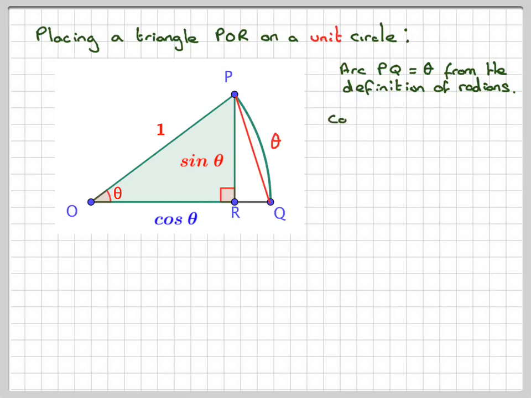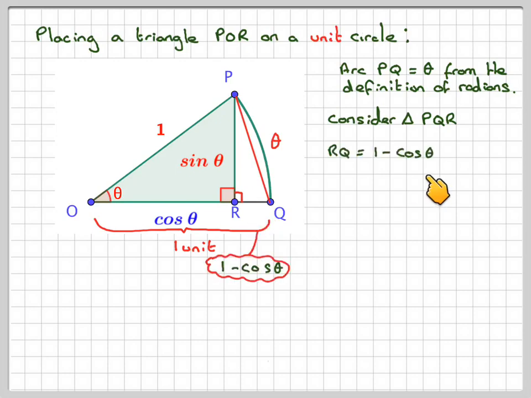Then if we consider the triangle PQR, this small one here, this length here is 1, therefore the distance RQ is going to be 1 minus cos theta. For small theta, this arc and this line will actually coincide, so we can say that the distance PQ is approximately equal to theta as well.